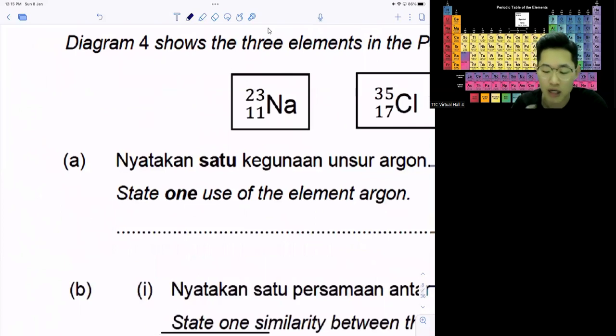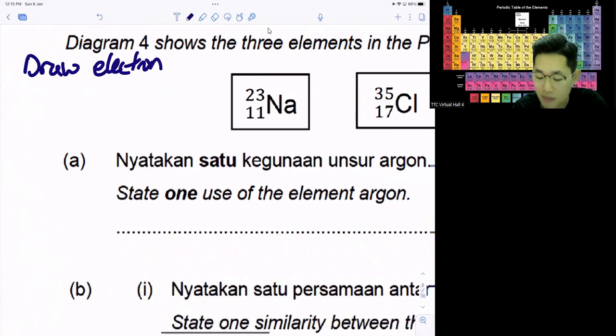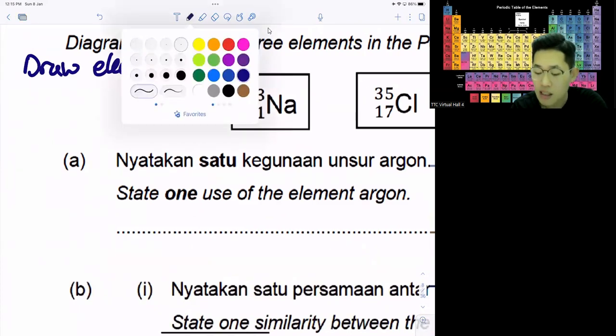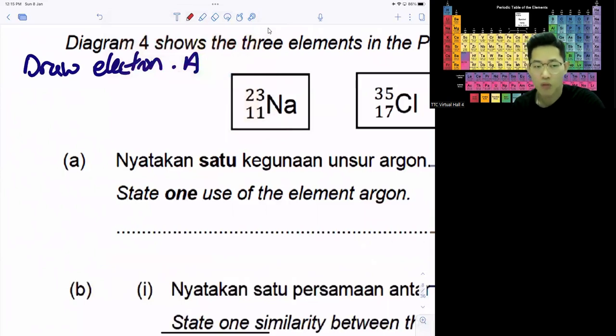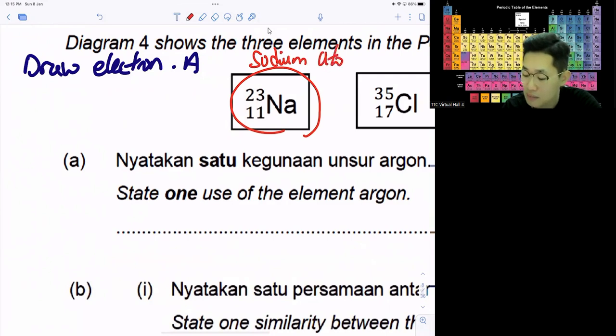Make sure you know how to draw electron arrangement. I think everybody can do this. But one thing you have to be careful about is that they can ask you to draw the electron arrangement of a sodium atom or a sodium ion. Different one.